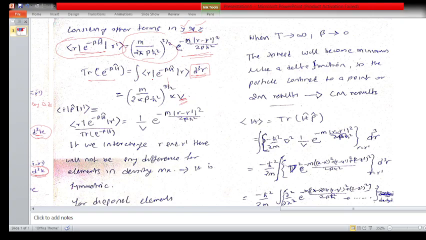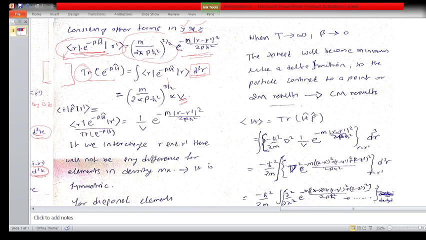So how is it coming like this? Because the trace is nothing but the diagonal elements of this set. When you are considering <r|e^(-βH)|r'>, these are the whole elements. If you consider that matrix, all the elements inside that matrix will be represented by this expression.